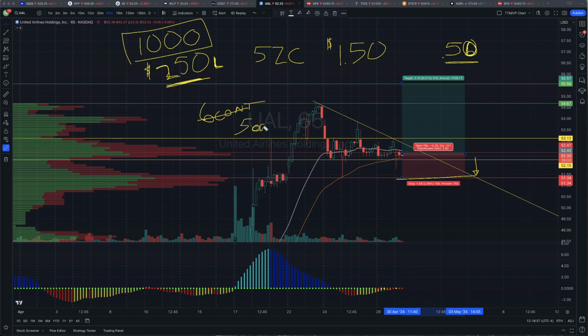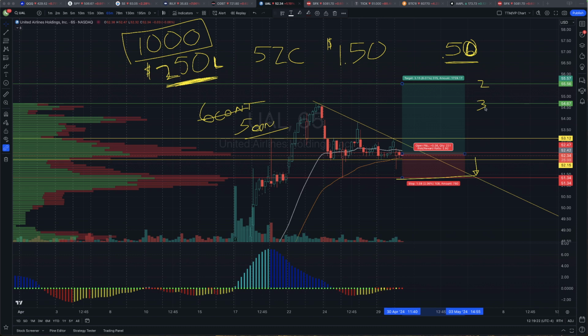I can't write, right? So I have to take 5 contracts to make sure I'm within my $250 risk, my 25% risk. And what I'm going to do in that case is take 3 contracts off at target number 1 and the last 2 contracts off at target number 2.